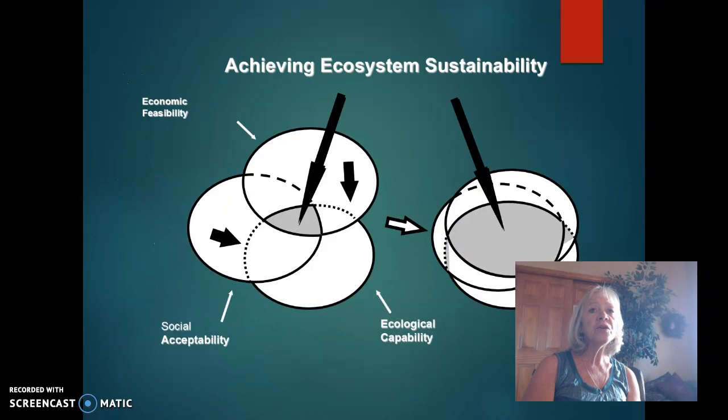But to achieve ecosystem sustainability and do ecosystem management, we're looking at economic feasibility, social acceptability, and the ecological capability. And we're trying to make those three circles of management overlap as much as possible to give you that gray zone and to create a sustainable forest.